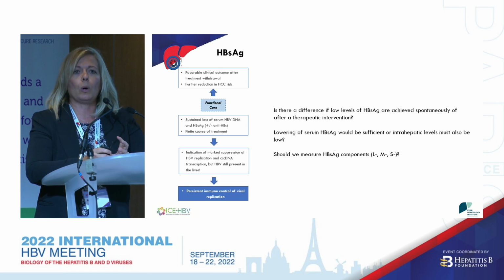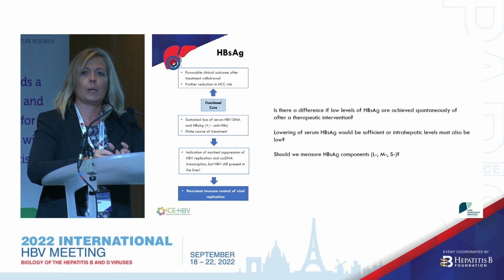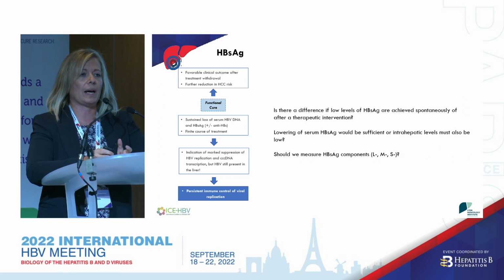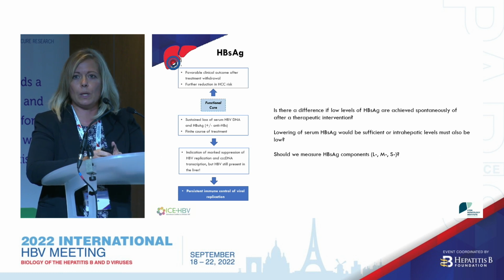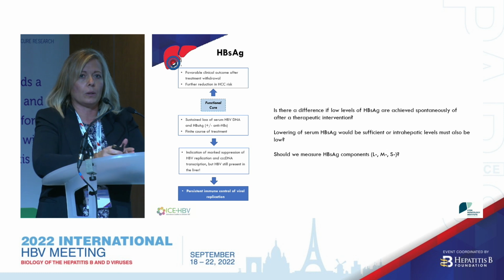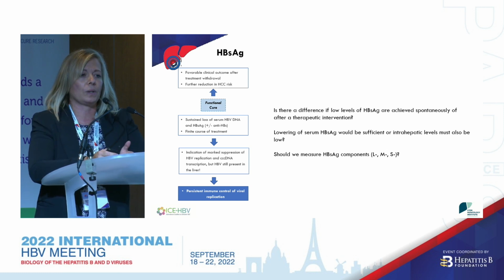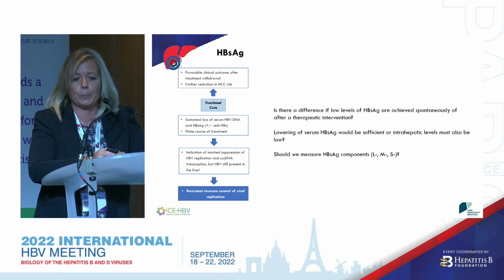For example, we don't know if there's a difference if HBs low levels are acquired spontaneously or naturally, or if they are therapeutically induced. And should we need to lower HBs in the serum? Should that be sufficient, or should we act in the liver? And should we measure the S antigen components, L, M, and S?